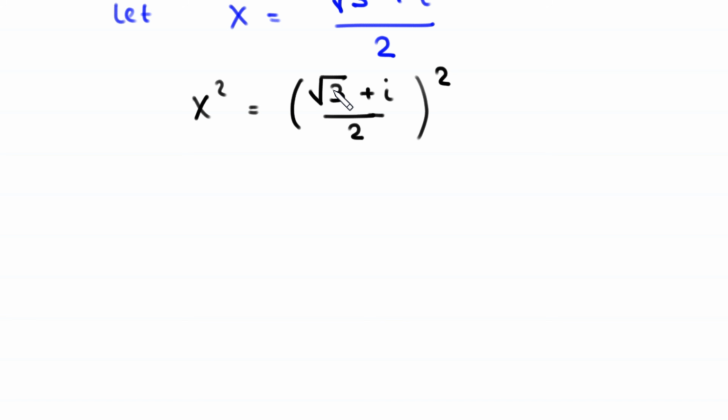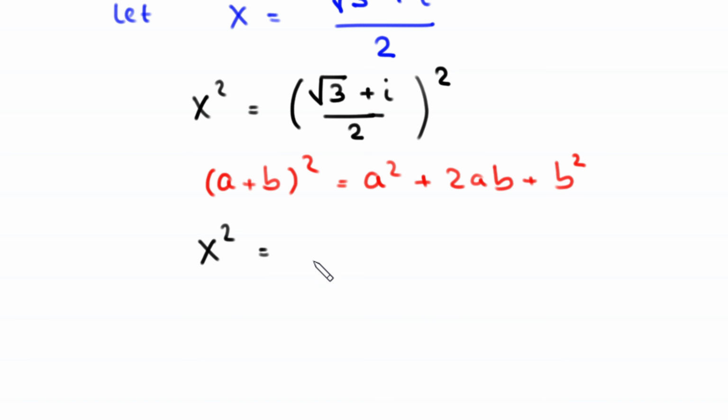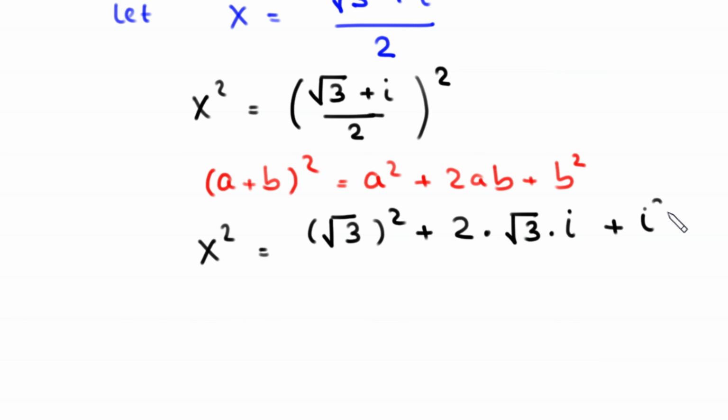Expand this numerator (root 3 plus i) by using this algebraic identity: (a plus b) whole squared equal to a squared plus 2ab plus b squared. This will become x squared equal to root 3 squared plus 2 times root 3 times i plus i squared divided by 2 squared, which is 4.